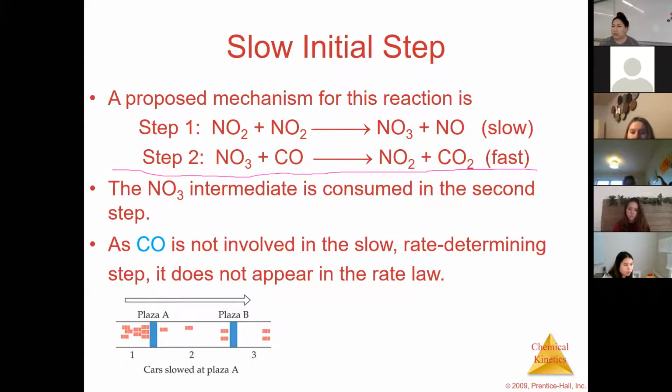Is there anything that cancels out? NO3. Yes, there's an NO3 on the products here and reactants here. We needed the NO3 for the reaction to go down. It's made in step 1 because you need it in step 2. It's made here, but then it's consumed here. So that's called an intermediate.